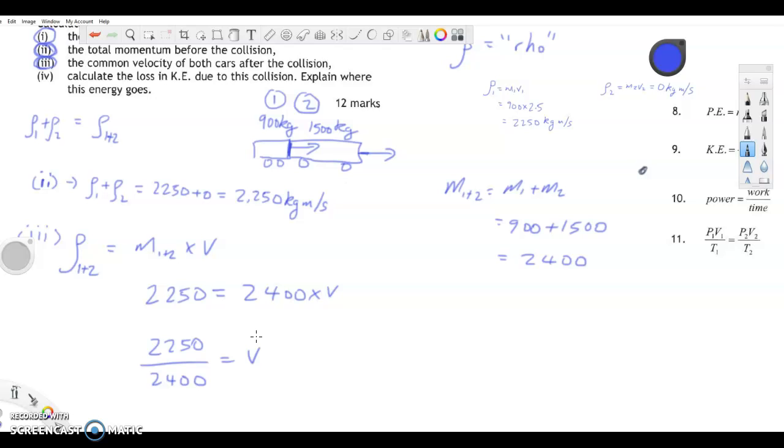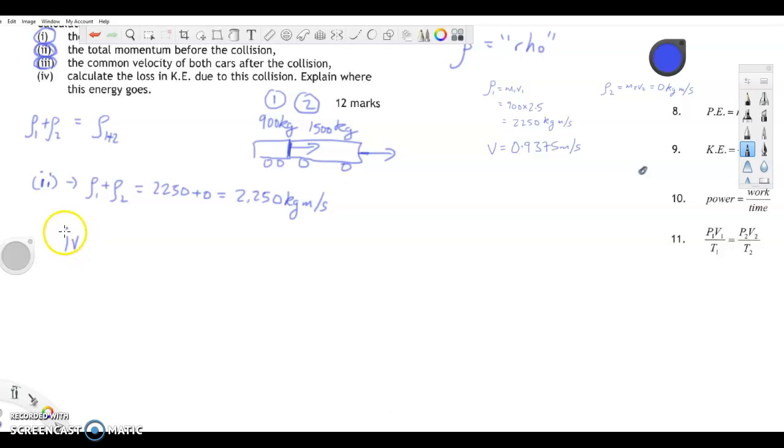Using the fraction key on the calculator, 2250 on top, 2400 underneath, press equals, and I get V, the common velocity of the two vehicles welded together, is 0.9375 meters per second. And that's that bit done.